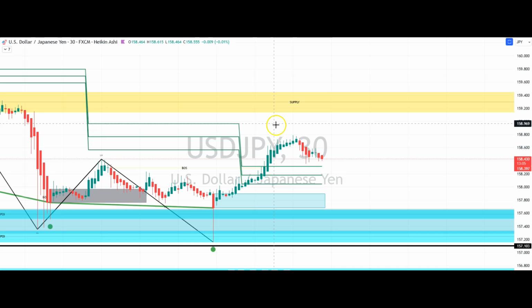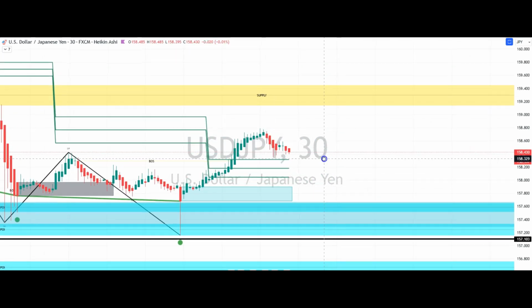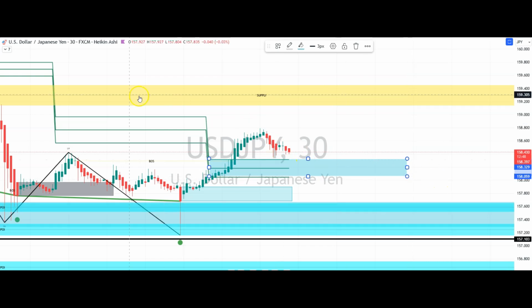So what we can see from this is that we've got several opportunities here, haven't we? First one to note is the support lines here. That's an opportunity to get in, isn't it? So you could, as an example, say, okay, I'm going to buy at the top there, 158.32, and I'm then challenging the market to continue.